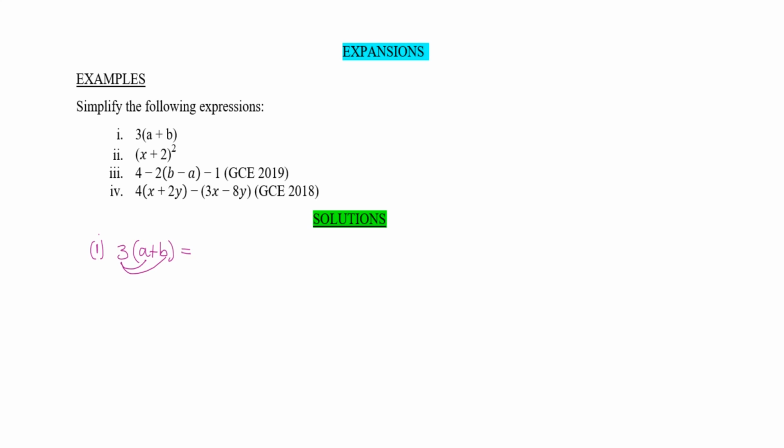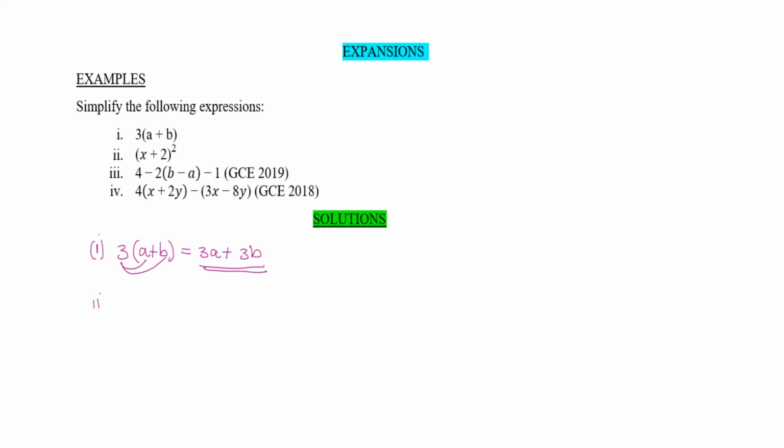So we'll say 3 multiplied by a is just 3a plus 3 multiplied by b is 3b. When we look at these two, they are not like terms. So when we've done this, we have simplified.